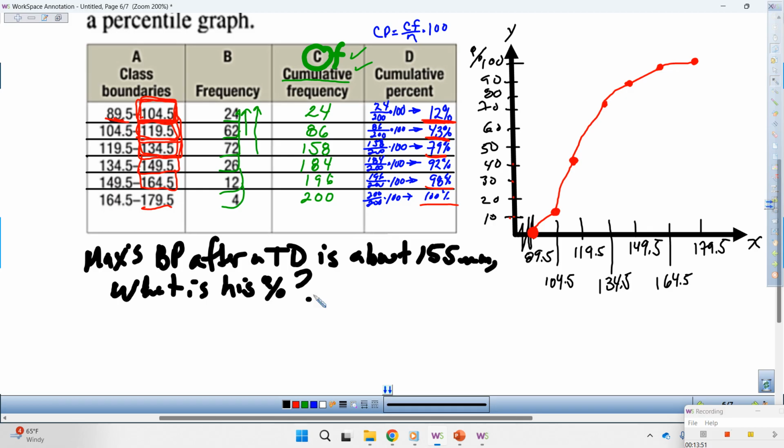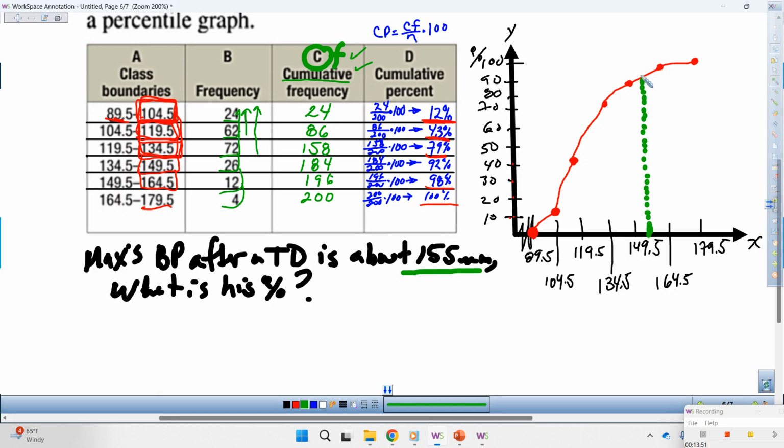Pretty straightforward question, yes? So I'm going to go to my graph and first find what? I'm going to find the 155 on the mercury. So 155 is about right here, yeah? So once I find the spot, I go up with a dotted line till I hit the graph.